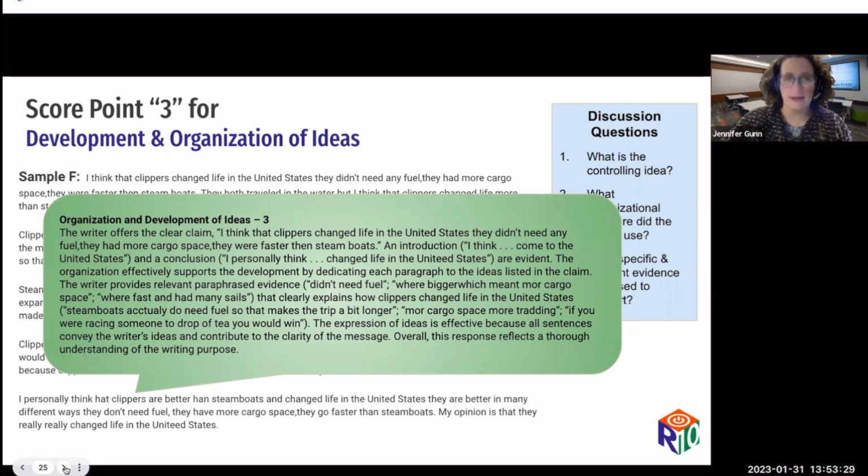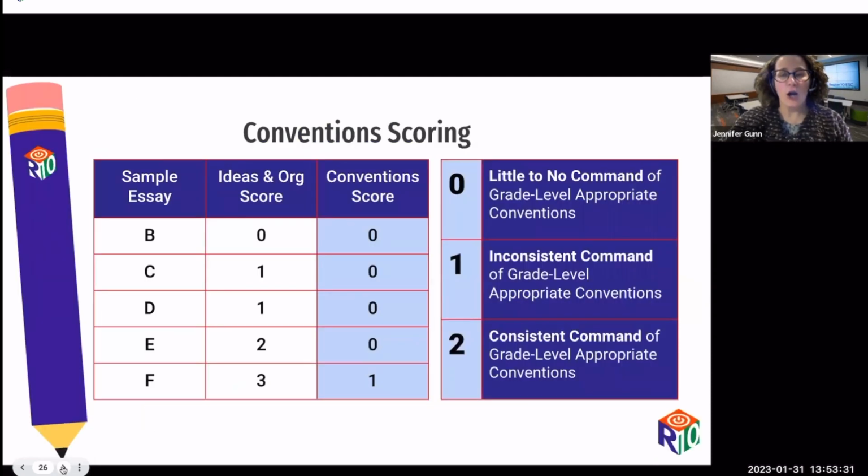clarity of their message. All right, now we have looked at a student sample or more for each score point in the development and organization of ideas. We need to now look that all of the samples we've looked at, B through E, scored a 0 on conventions, which would be little to no command of appropriate grade level conventions.